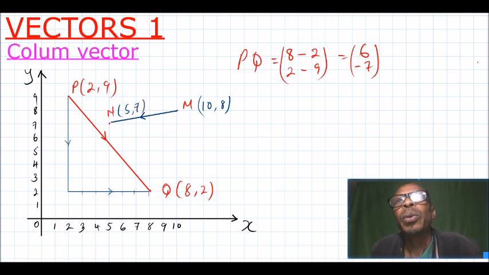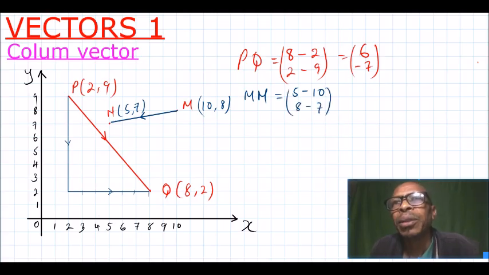So MN is equal to, x has changed from 10 to 5, so we say 5 minus 10. And the other one has changed from 8 to 7, so we say 7 minus 8. 5 minus 10 is minus 5, and the other is negative 1.